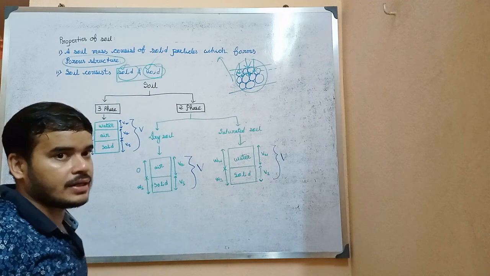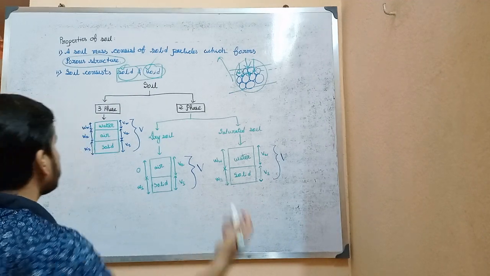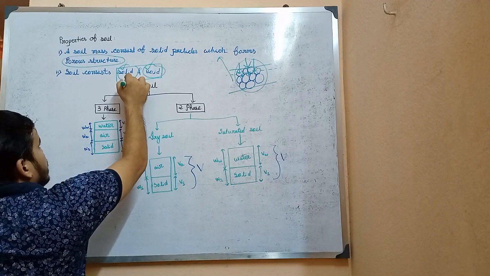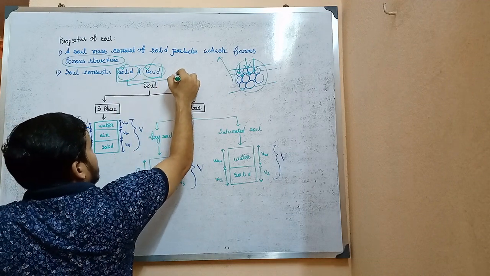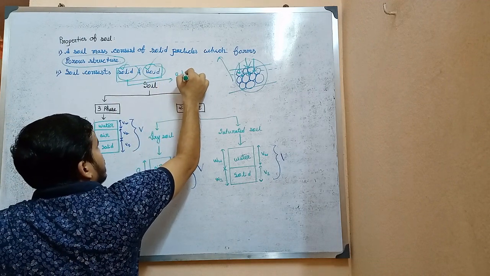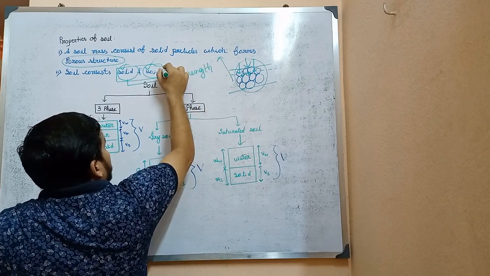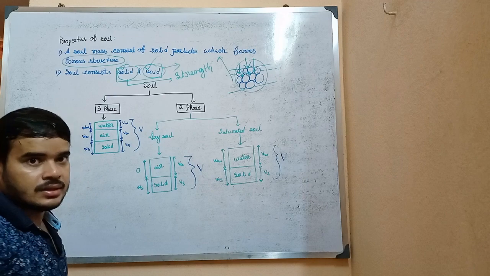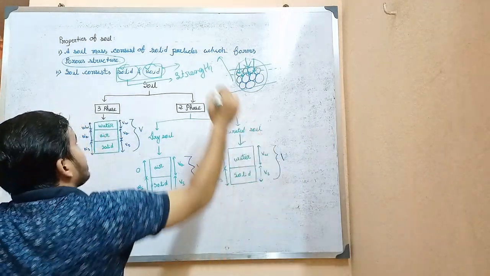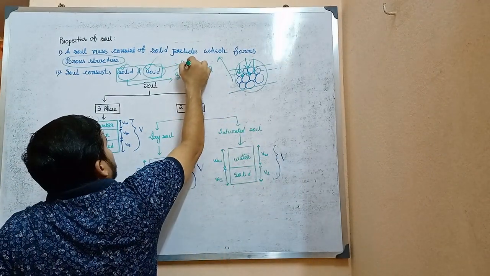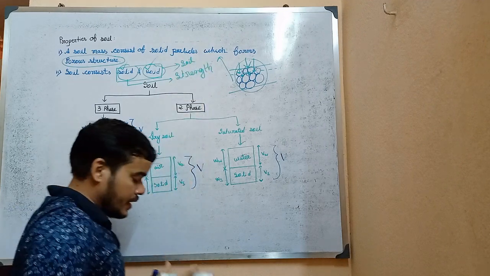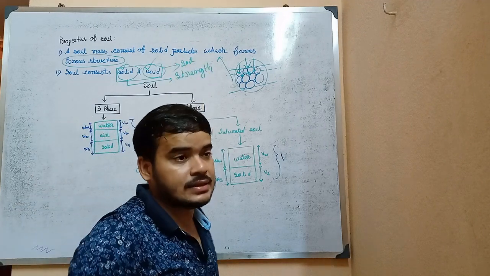Now, how does it matter? Why is this so important? Because solid gives the soil strength, and void makes it a soil. Now think why the void is necessary.